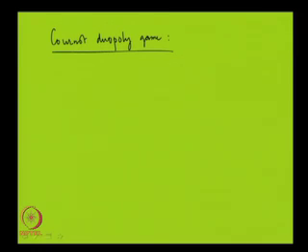Now, in the Cournot duopoly game, if you remember, the best response for player 1 was given by this. Now, what I need to do is that player 1, when deciding his output, looks at the output of player 2 in the previous period and believes that to be the output in the next period also.